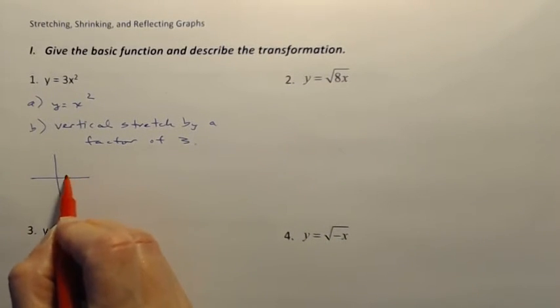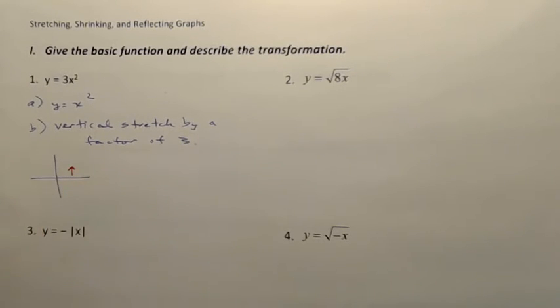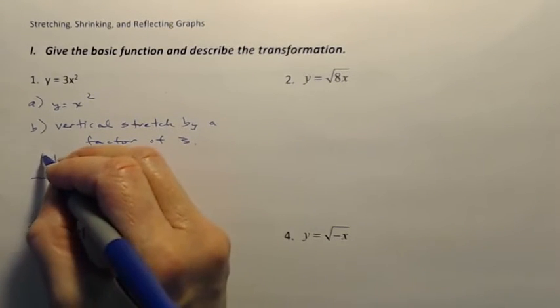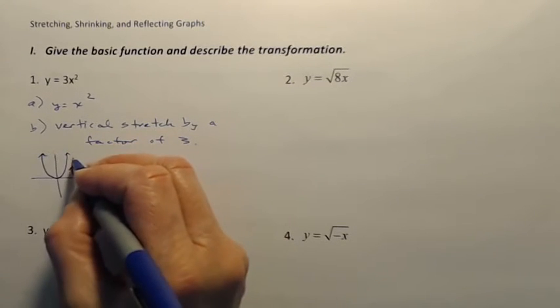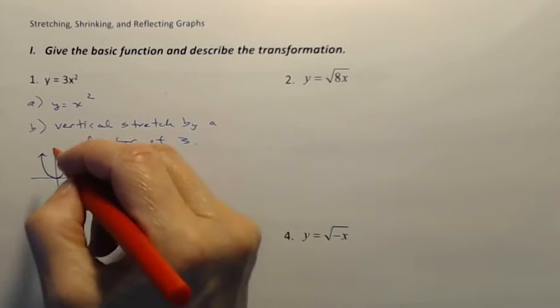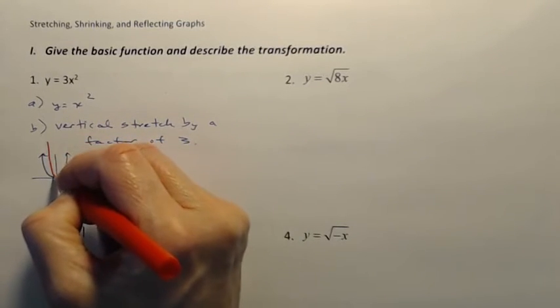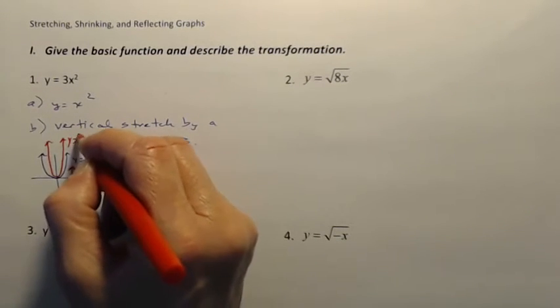In our case, all the points are already above the axis, so it stretches those points away from the x-axis. So again, just as a rough sketch of our original parabola, y equal to x squared. If they all get multiplied by 3, this would all get stretched higher. And this would be the y equal to 3x squared.